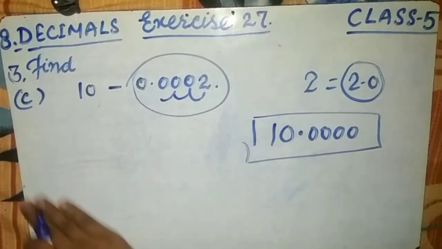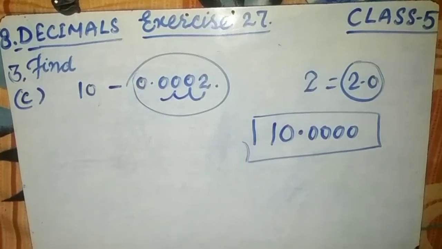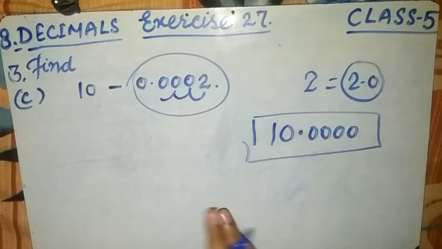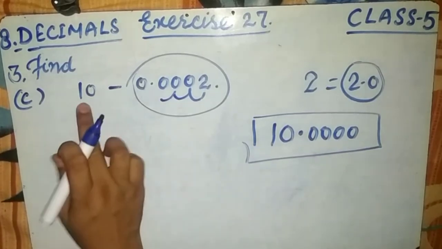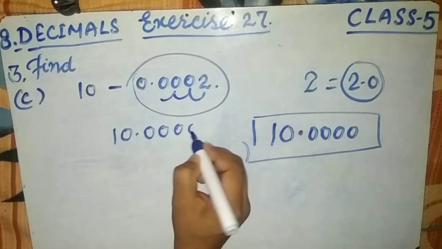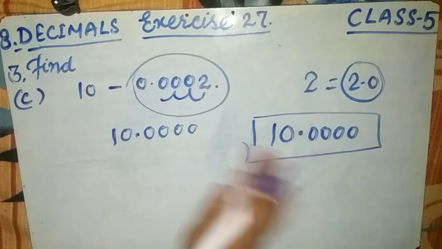Now remember friends, I have already told you, while subtracting one decimal fraction from another, first check whether they are like decimal fractions or not. If they are not like decimal fractions, then we have to change all the fractions and decimal fractions into like ones. So first we change this into like decimal fractions, with 4 zeros after the decimal.